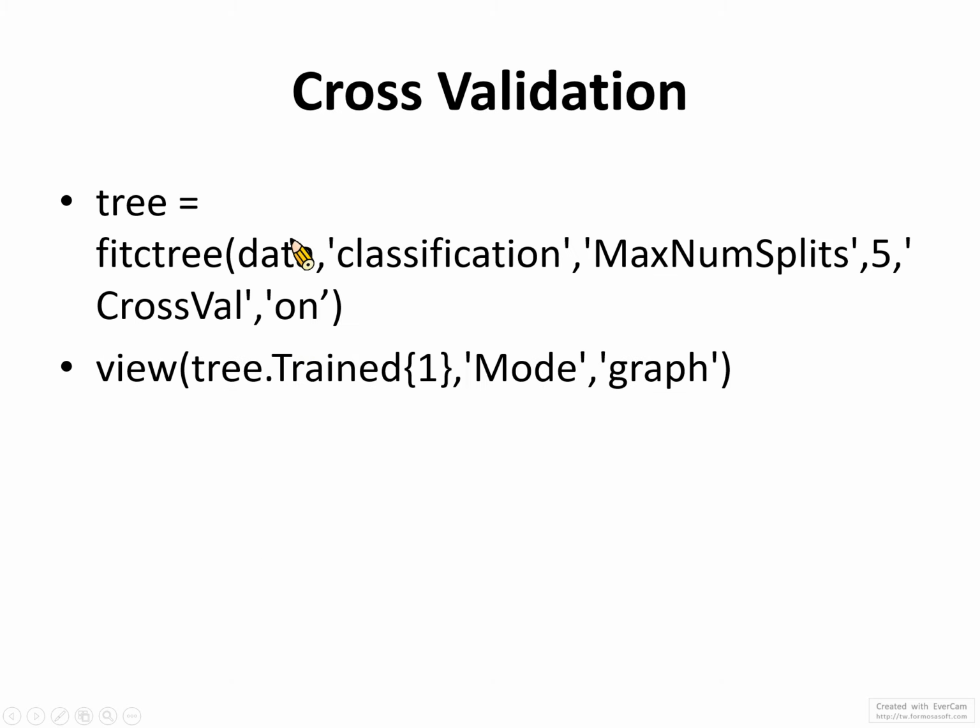But here, because we turn on cross-validation and there are many training results, we typically just view the first set of the trained result. So we type tree.Trained and the first set, and you still visualize the result using the mode graph.